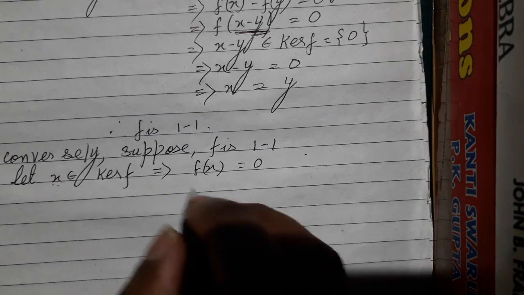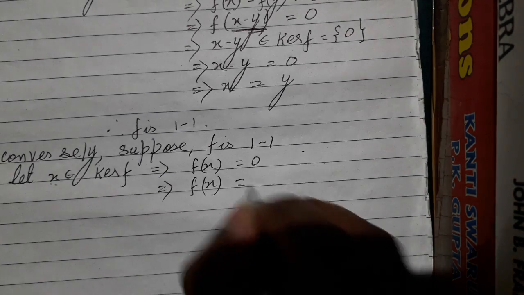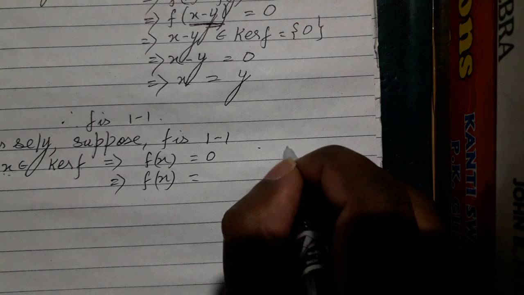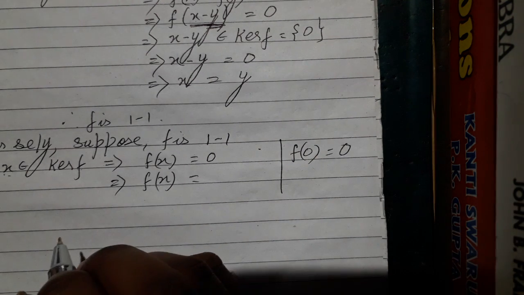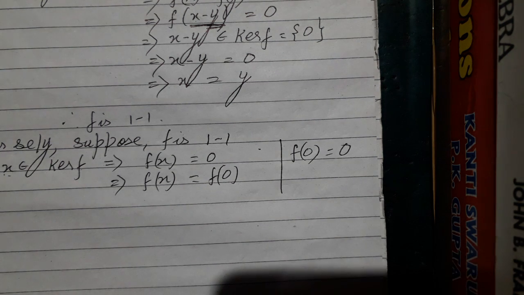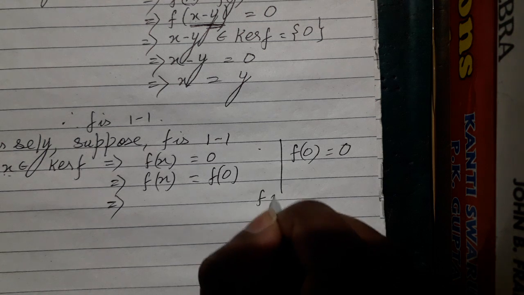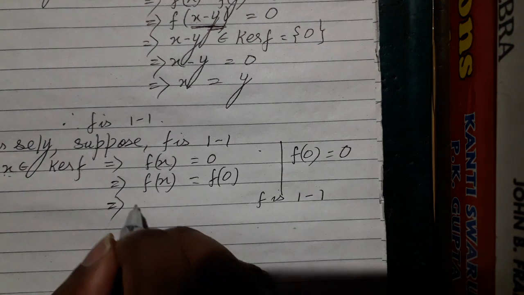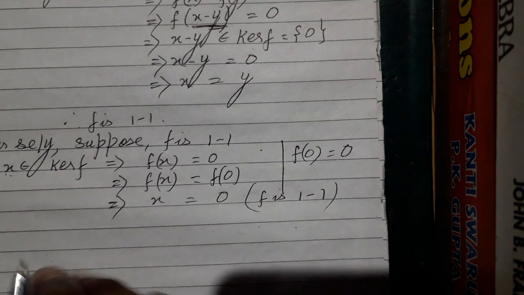By using the property we have proved already, f of 0 is equal to 0, so f of x equals f of 0. Since f is one-one, this implies x is equal to 0.